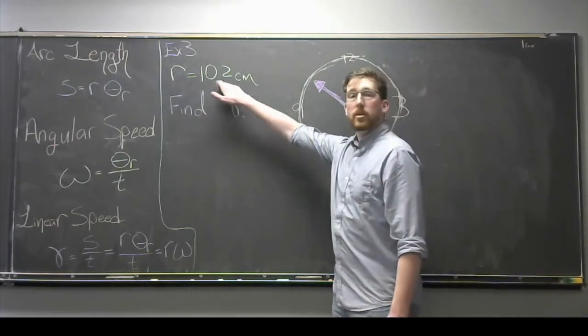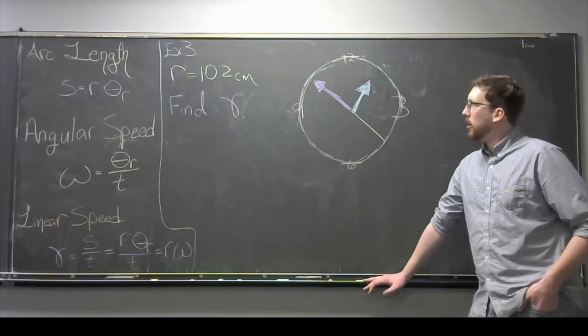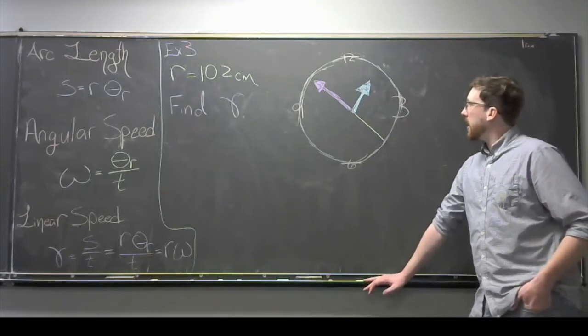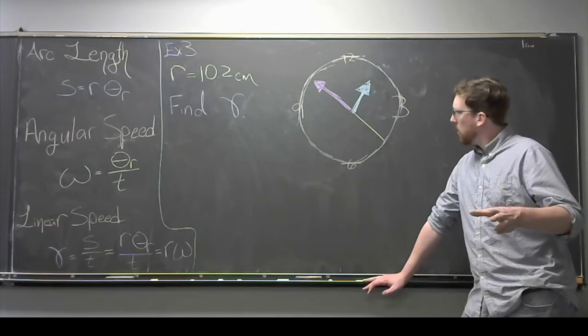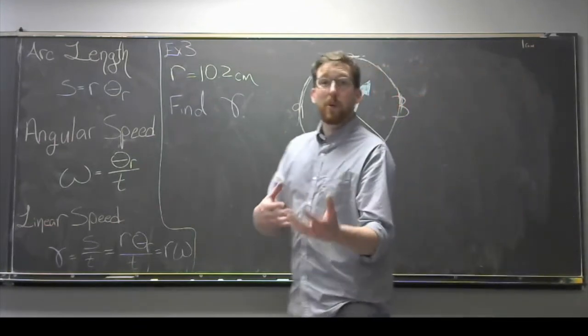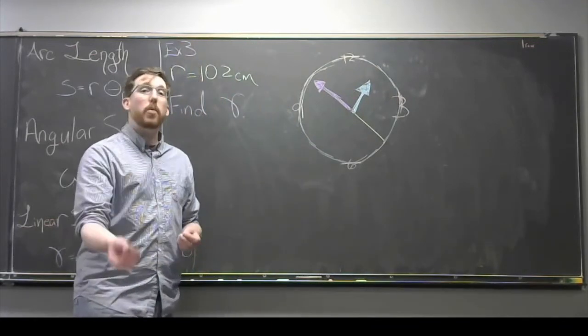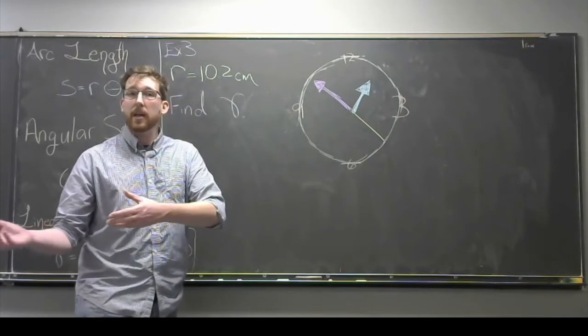Well, it's 10.2 centimeters. Well, if that's the case, I know that this second hand is moving with an angular speed of 2 pi radians every 60 seconds.